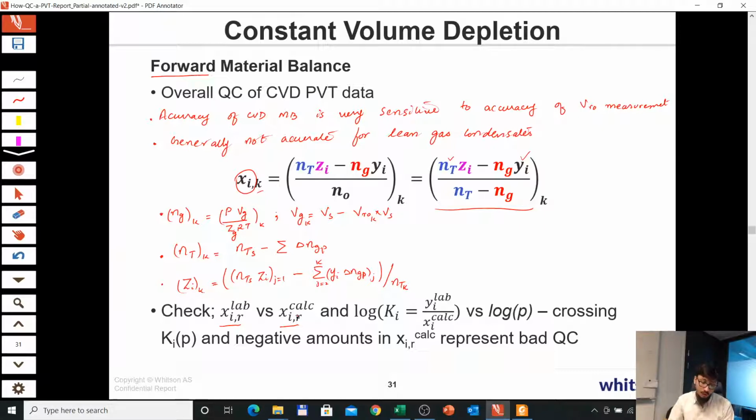And what you can also do is calculate the K values, because the K value is just the ratio of Yi to Xi. Yi we know from the lab, and Xi we have calculated, so we can calculate Ki and then plot the log of Ki versus log of pressure. And then once you have that plot, you can see if there are any crossing of the K values.